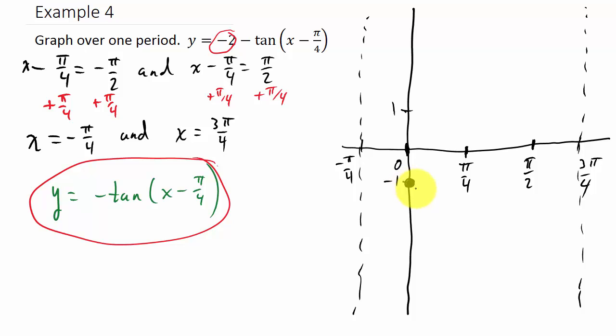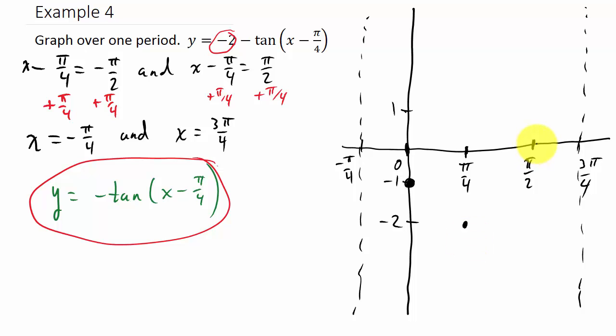Then it goes to 0. See this right here? It goes to 0. But then I have to do what? Subtract 2. So I've got to come down 1, and let's go ahead and put a -2 here. So I'm going to come down 2.